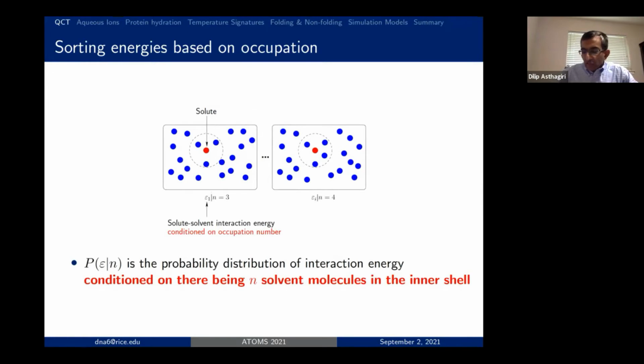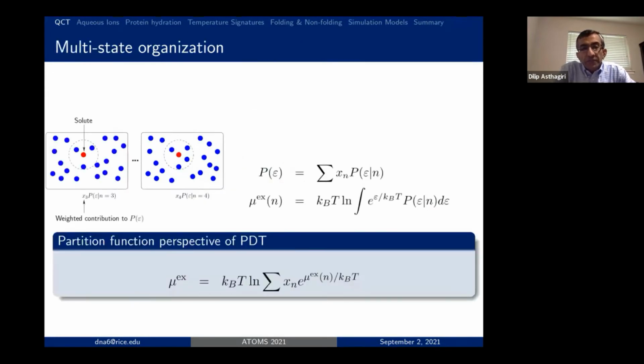So when I have these 2 ingredients, I can do the following. This was my original probability that I started with, and I'm constructing that original probability as a marginal distribution. And now I can again take this probability, stick it into the potential distribution theorem, and then I get the following partition function perspective of the PDT.